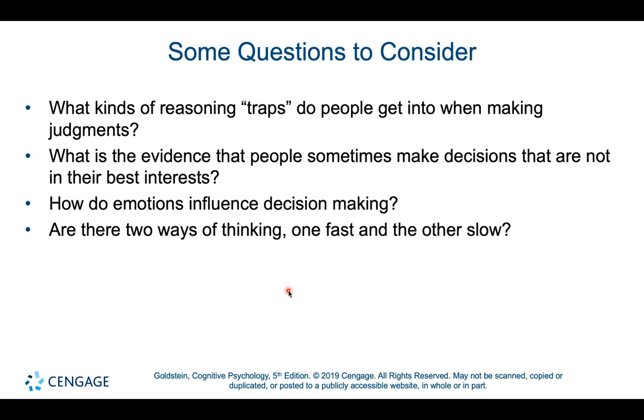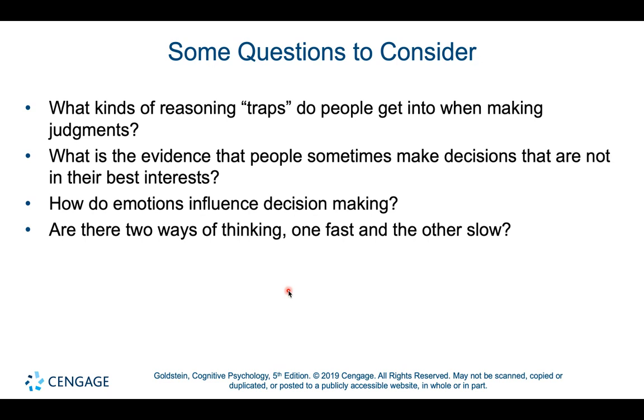What kinds of reasoning traps do people get into when making judgments? It might not surprise you that pretty consistently people make judgments that are inaccurate for some really understandable reasons. We can study the consistent errors that people make in judgments. What is the evidence that people sometimes make decisions that are not in their best interest?